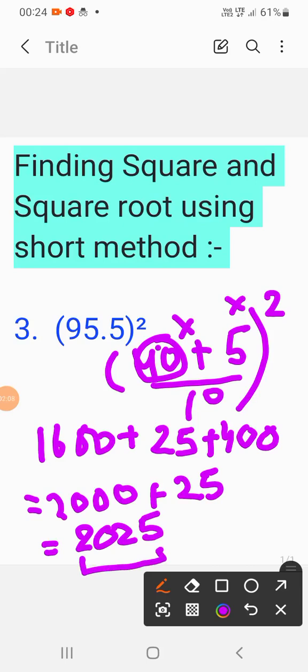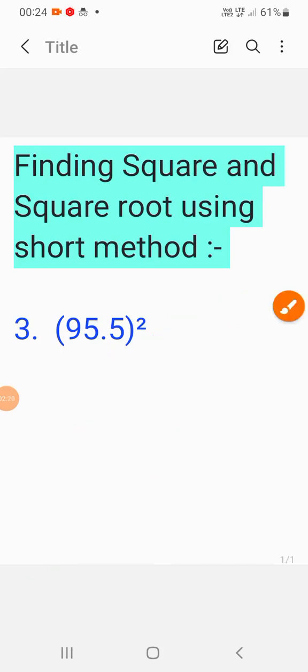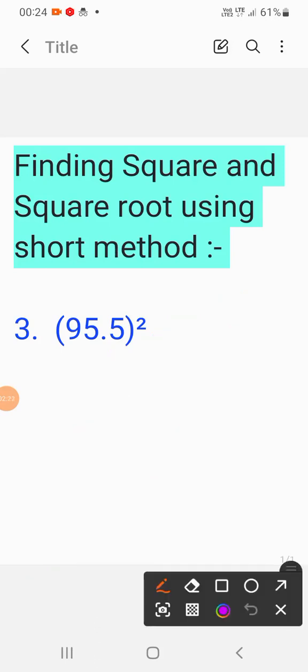So we will divide 2025 by 100. We will get 20.25. So after getting 20.25, we will write square of 100 plus 20.25.